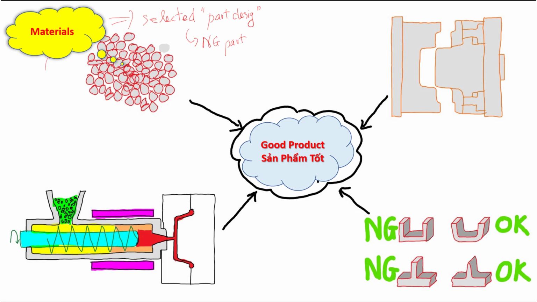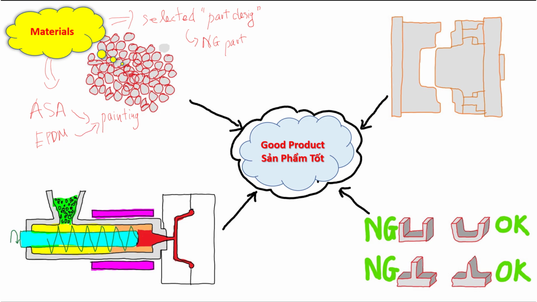For example, you have a material named ASA. This material is very supportive for making a good part with surface treatment like painting. But if you select the wrong material, EPDM, it can lead to being unable to paint.